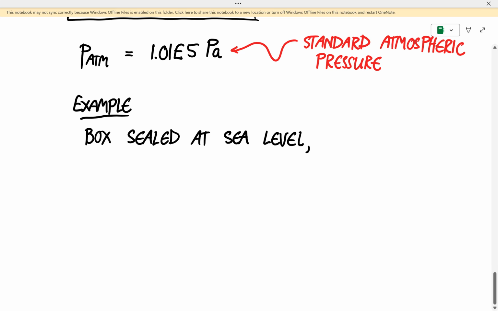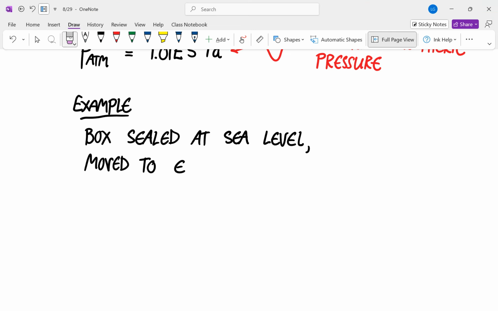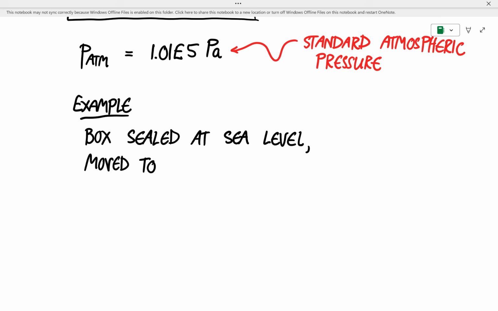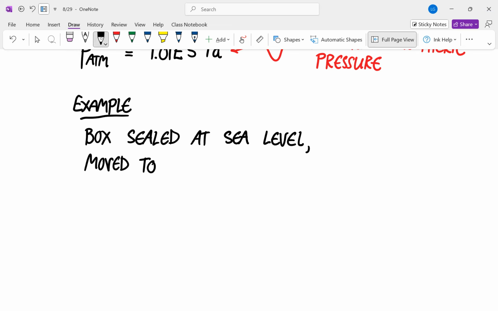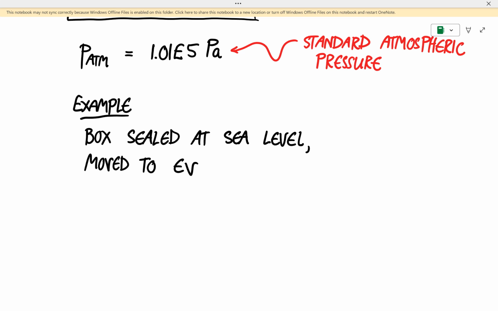And then it's moved to, let's say, an evacuated chamber where the external pressure is zero.